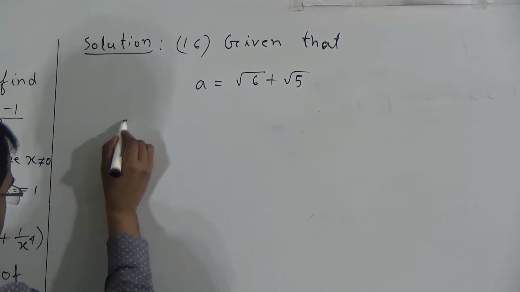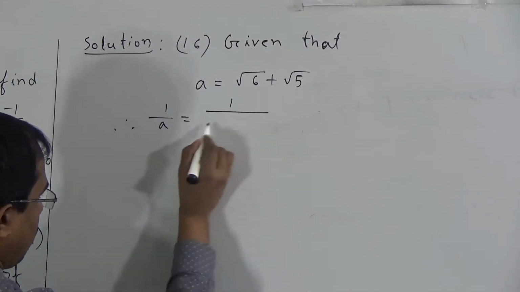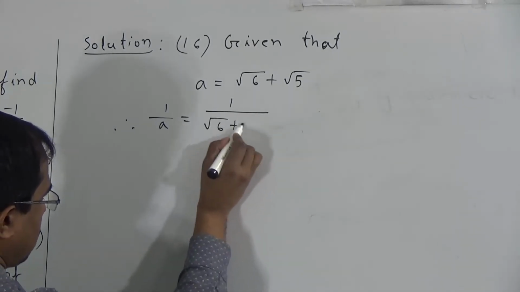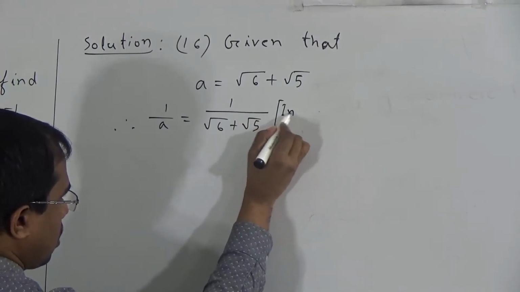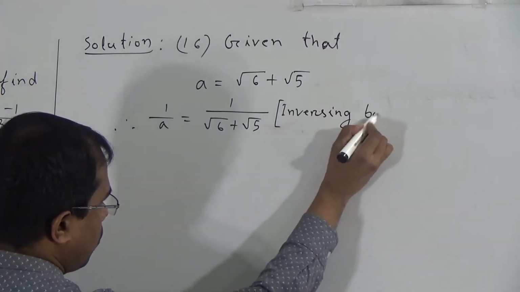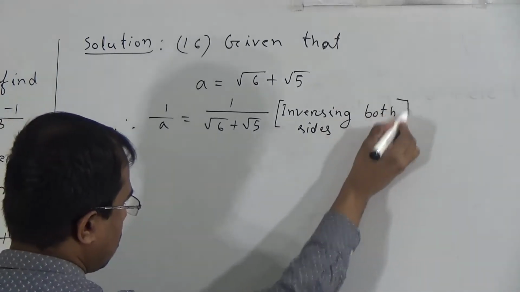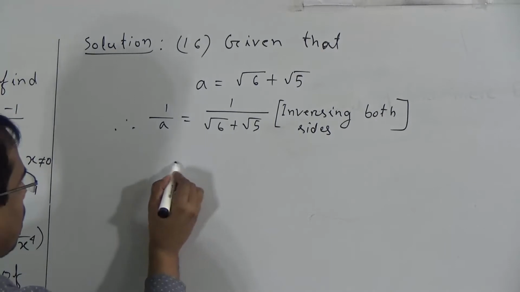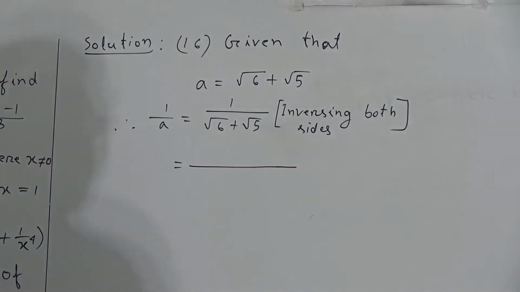Therefore, inversing both sides, 1 by a is equal to 1 by root 6 plus root 5. Now here we will multiply numerator and denominator by root 6 minus root 5.